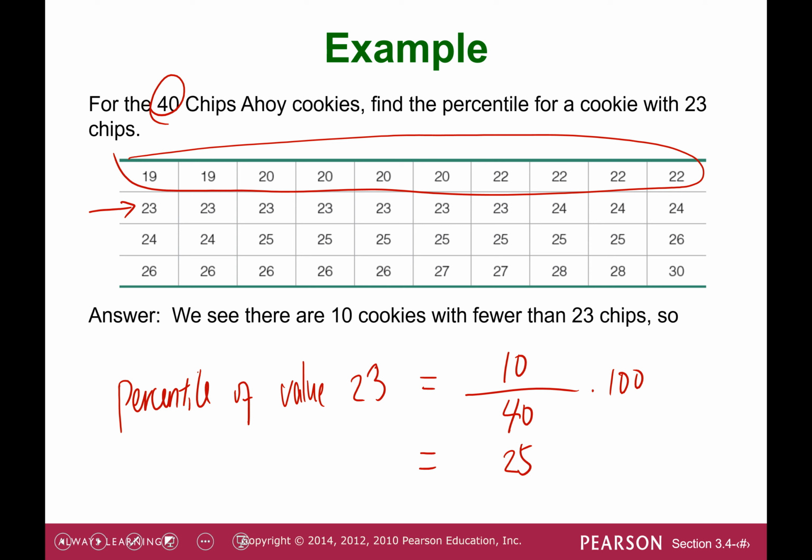This means the cookie with 23 chips is ranked 25th percentile in the data set. So the cookie with 23 chips is percentile 25. That's how you find the percentile of any data value in the data set.